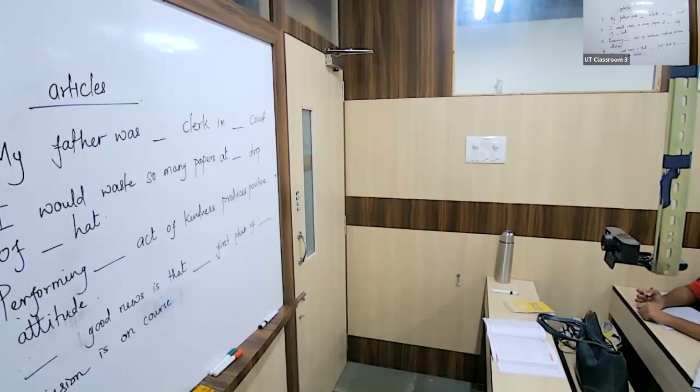And the few sweets that I have, matlab जो सारे sweets मेरे पास है. So with the and without any article, the meaning is different. For few and for little both. We can't afford such an expensive shirt. Yes, we can't afford such an expensive shirt.